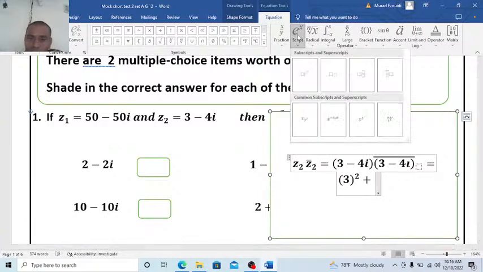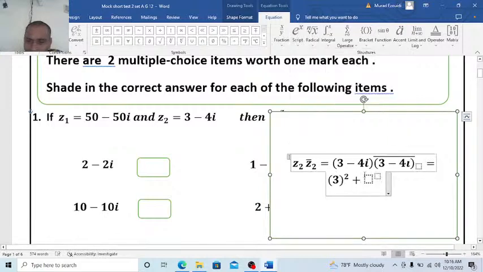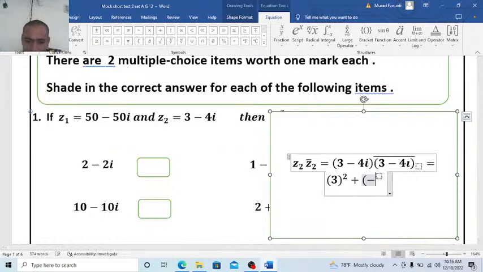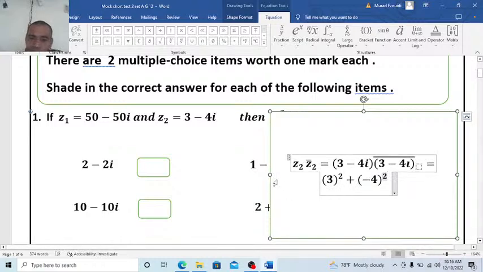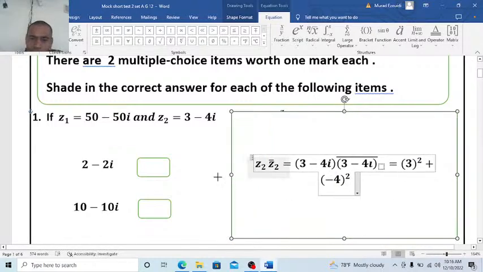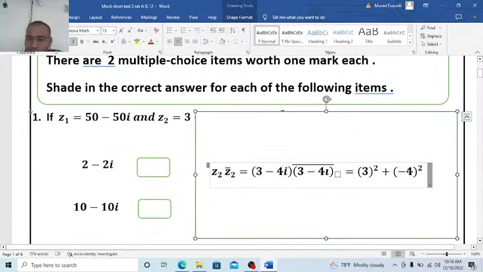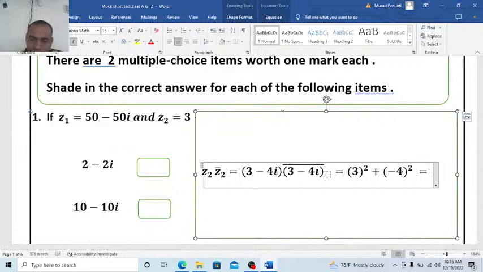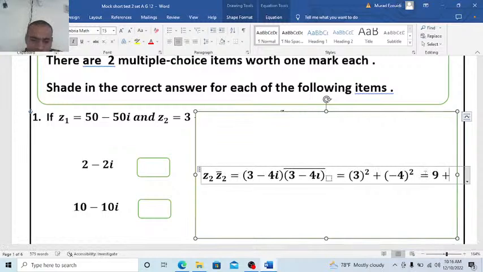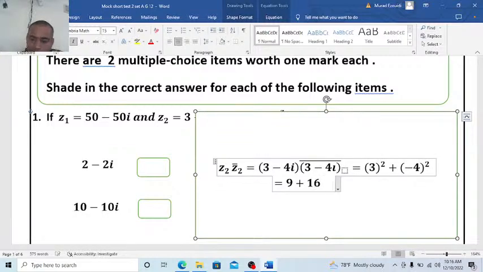Negative 4 squared is in fact positive, so you can ignore the negative sign, but no problem. So 3 squared is 9 and negative 4 squared is 16, so 9 plus 16 is equal to 25.